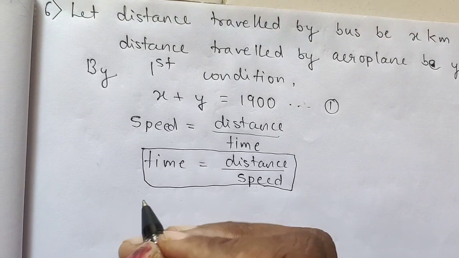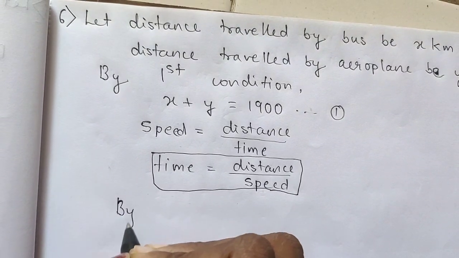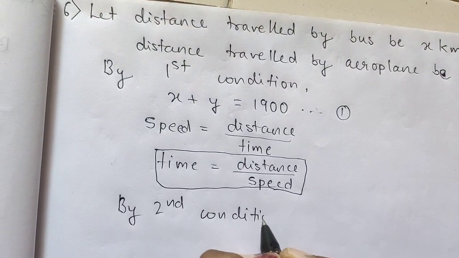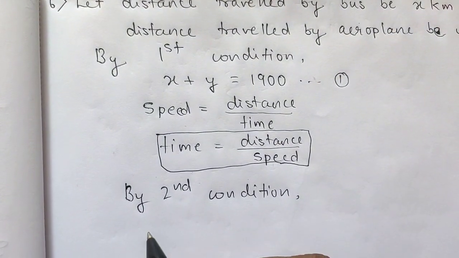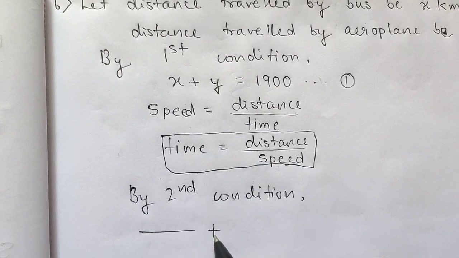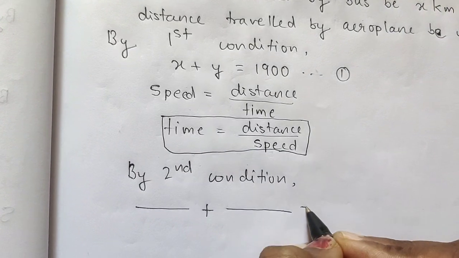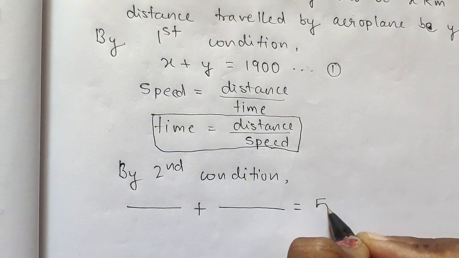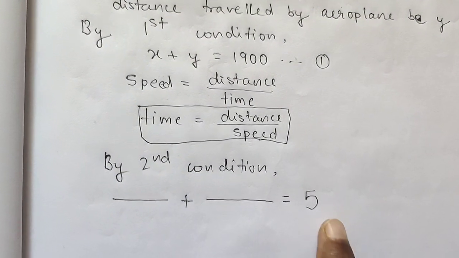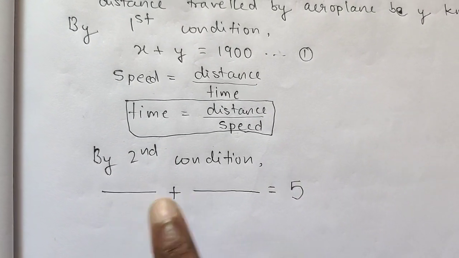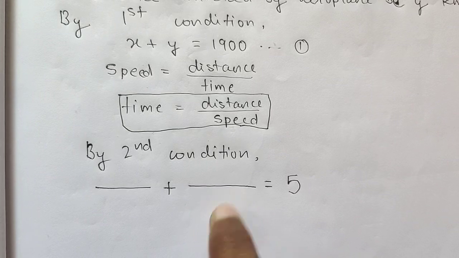Okay, so let us see what is the second condition. Again I am repeating, what is the condition? Average speed of bus is 60 and average speed of aeroplane is 700 and total time is how much? 5 hours. So already I have written total time, that is addition of time taken by bus and time taken by aeroplane.